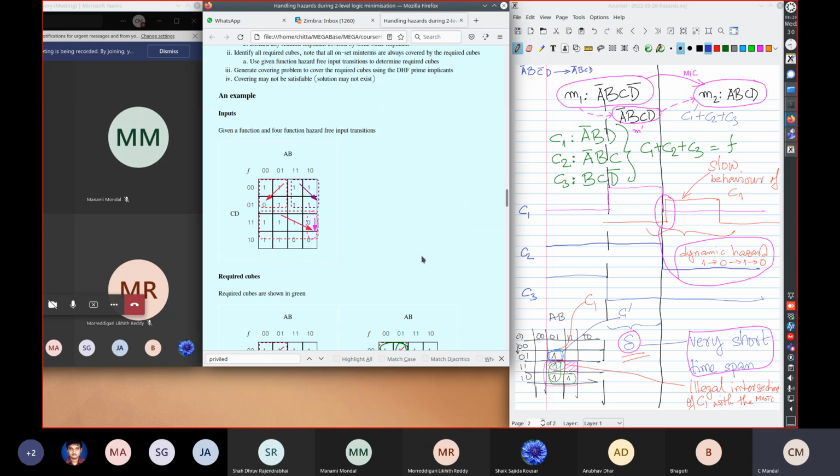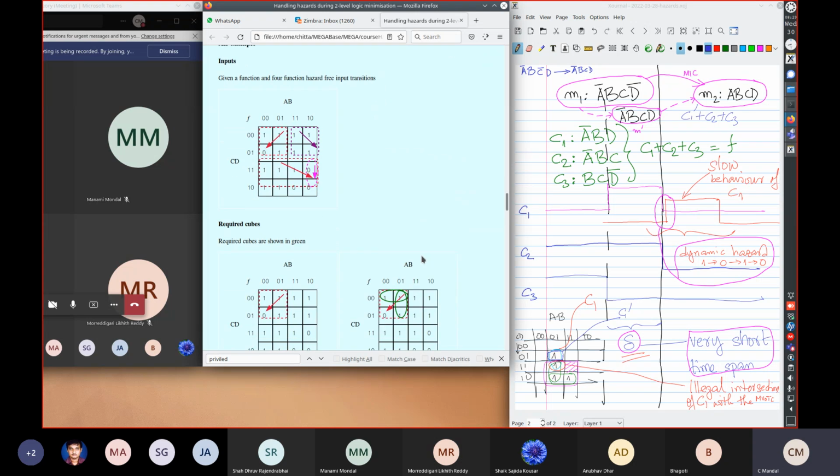All right. So here is an example. We are considering some transitions. So we are considering 4 function hazard-free transitions. All right. So here, let us consider the transitions one by one.